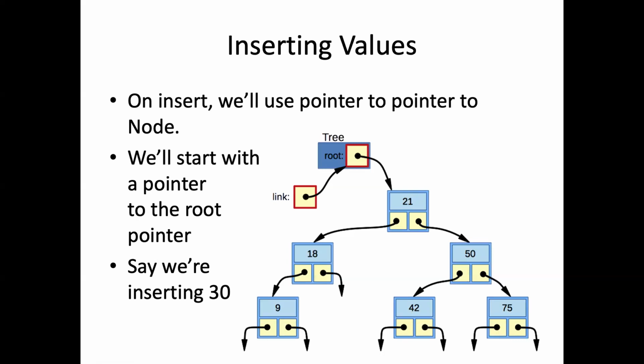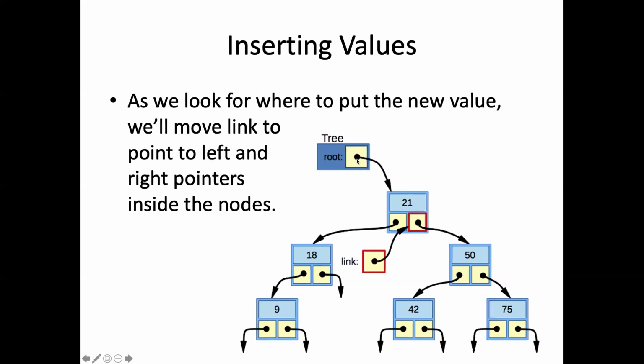Link needs to move down the tree, and instead of being the address of the root pointer, once we see that 30 is bigger than 21, it needs to be the address of the right pointer out of that 21 node. And then we'll just descend the tree like that. There is a right subtree of this 21 node. And it's got a 50 on it, so 30 goes to the left of that.